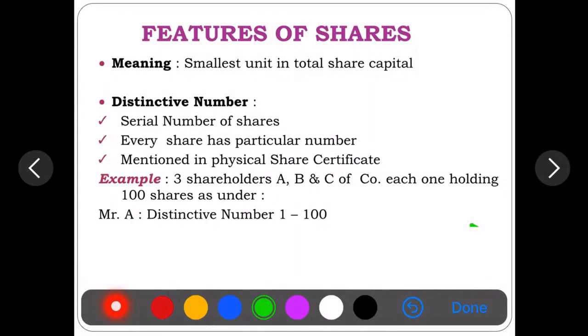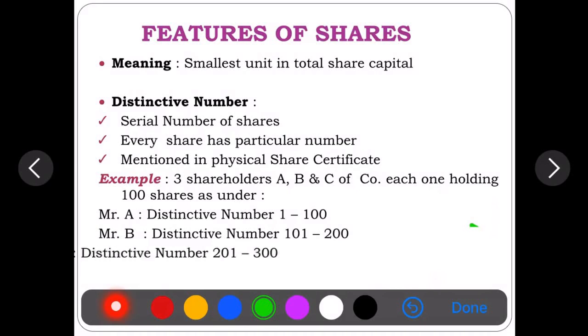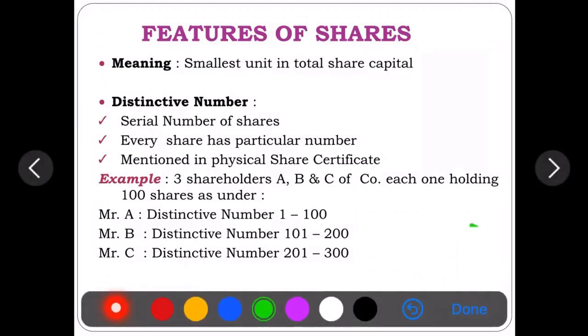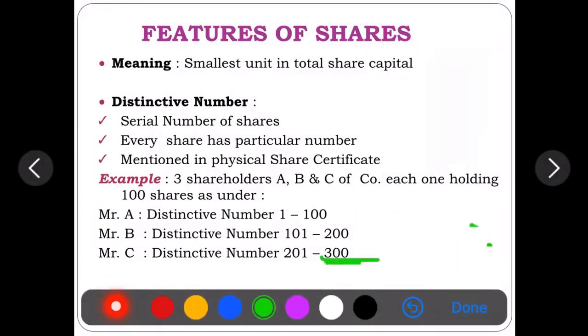Once A is allotted 100 shares, B comes into the picture, where B will be the next, second shareholder, and so he will be getting distinctive number shares from 101 to the next lot, that is 200. Similarly, Mr. C, being the third shareholder, will get the third lot of 100 shares starting from distinctive number 201 to 300. In short, if the company wants to know how many shares they have issued till date, they can.